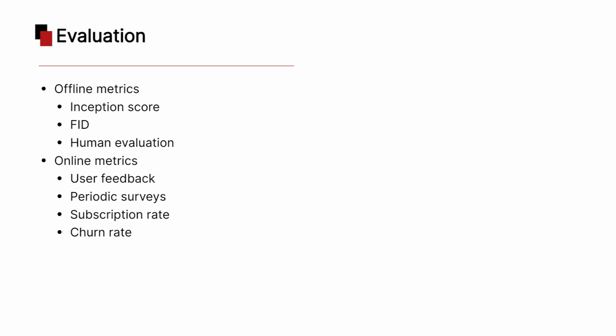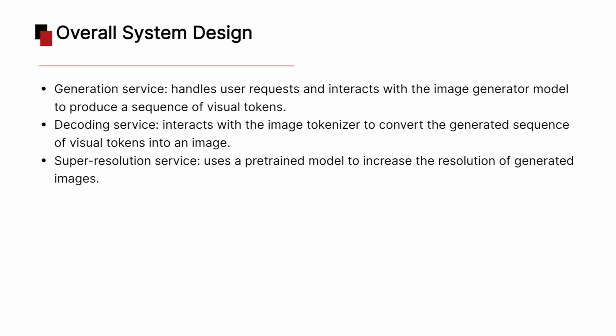Overall, combining offline metrics with online user-centric metrics provides a comprehensive evaluation framework, balancing image quality, semantic alignment, efficiency, and user experience. This slide outlines the complete system architecture for a text-to-image generation platform, highlighting each major pipeline and service. Data pipeline.